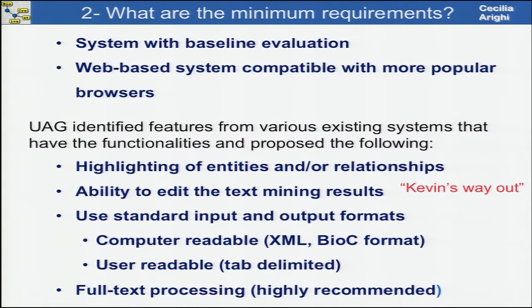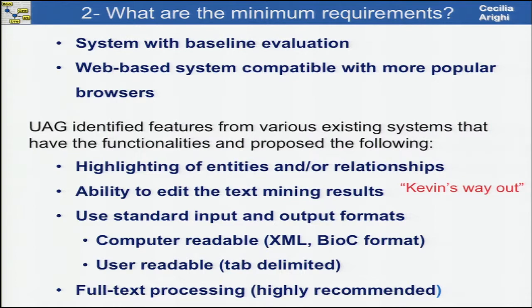With the user advisory group, we did some exercises looking at different tools, and we came up with certain functionalities that we want the systems to have. For example, highlighting: in the case of entities or relations that are discovered, we want to highlight those in the article. We also want the ability to edit and modify. As Kevin was saying, we have to provide a way out, basically.